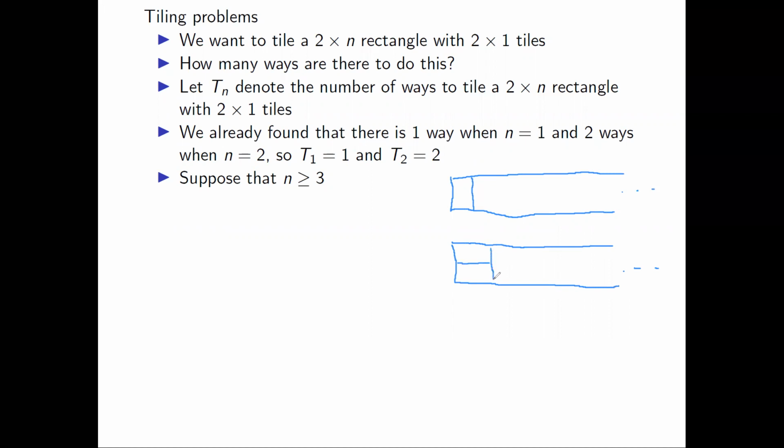So we're going to break into 2 cases, count the number of tilings in each case, and add them together. As long as every tiling falls under exactly one of the cases, this will give us the exact number of tilings. Case 1 is right here. Case 2 is right here.